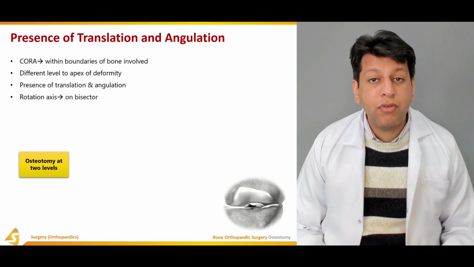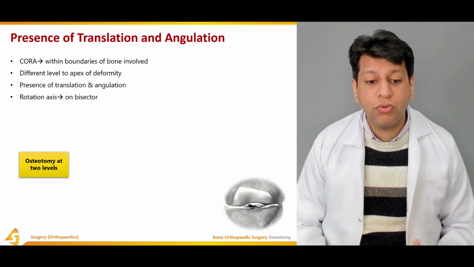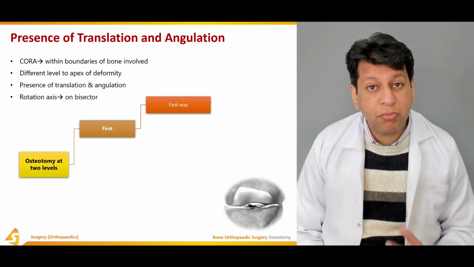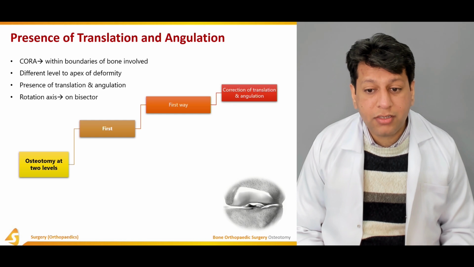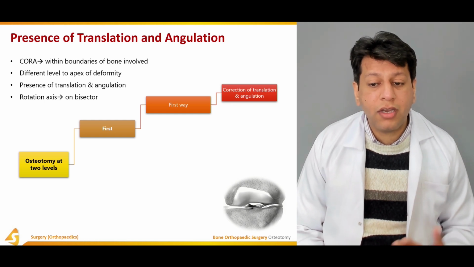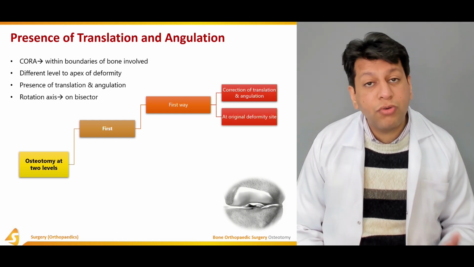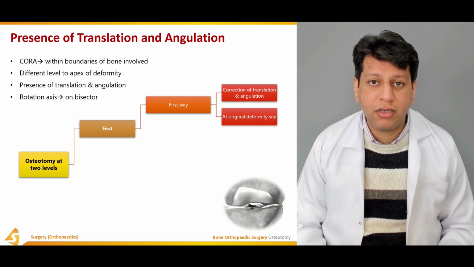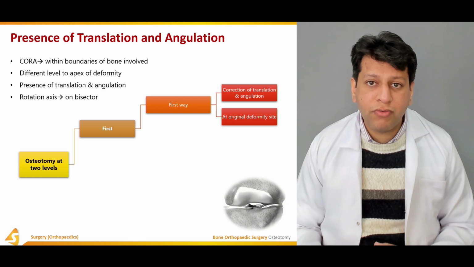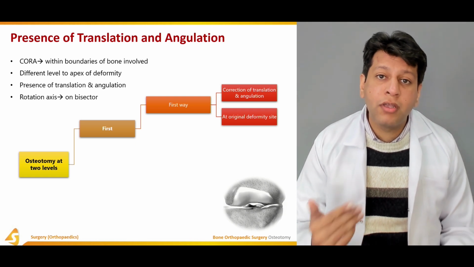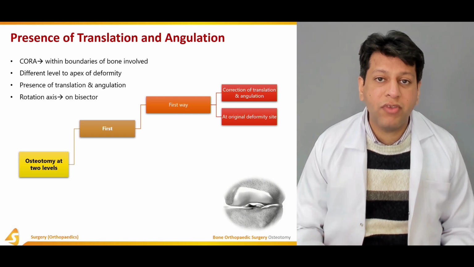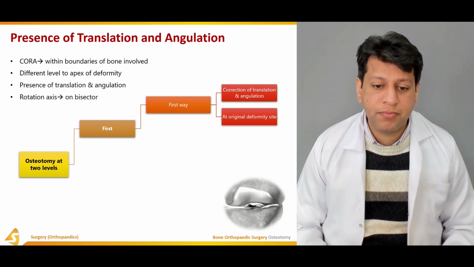Then we may have to perform osteotomies at two levels. The first method is correction of translation and angulation at the original deformity site. That is, we first correct the translational problem at the original deformity site and then perform the osteotomy above or below the level of the deformity where the CORA is actually located.